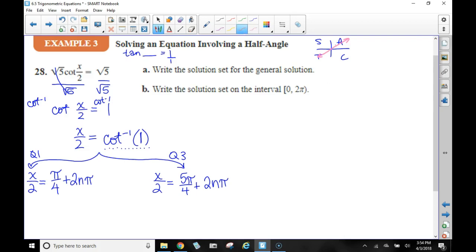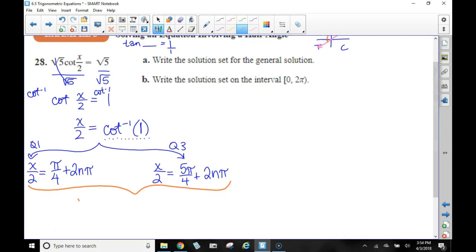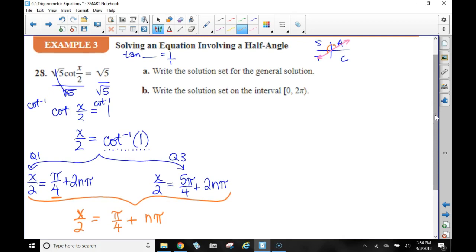And so actually you can make this a little bit more concise, to write all of that all together. x over 2 will be equal to, let's just do pi over 4 and then just plus 1nπ. Now that expression right there says it's going to be pi over 4 plus 1 pi will get us 5 pi over 4.